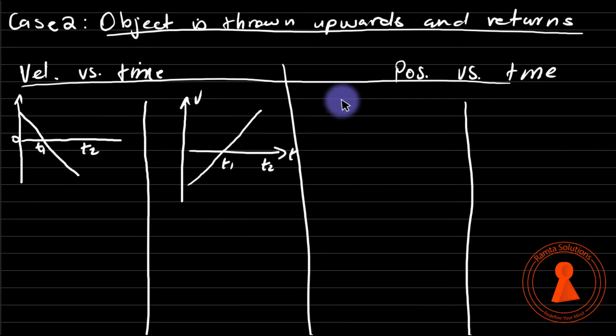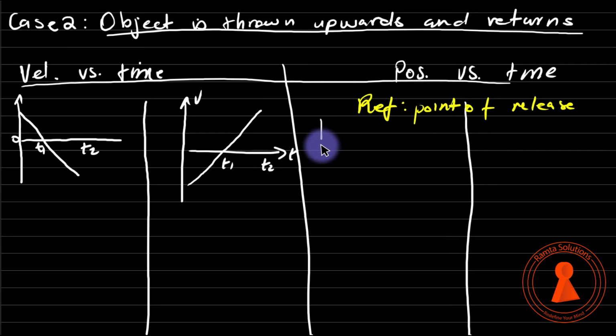Now, when the reference is the point of release, our graph looked like this. It's supposed to be frowning, so it was going to be like this, right?